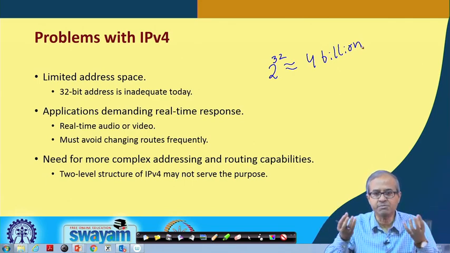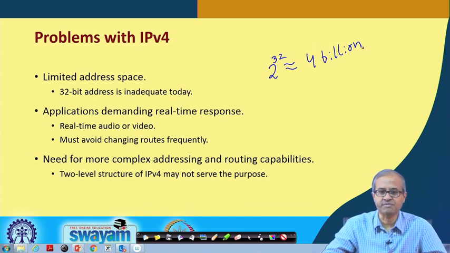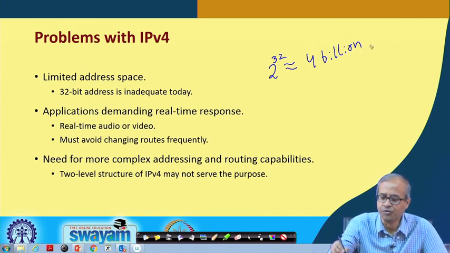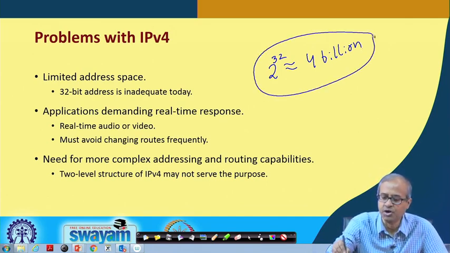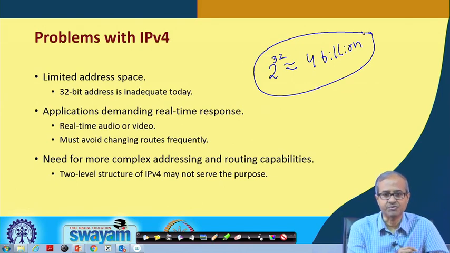A large number of very simple devices will also want to get connected to the internet. So, how do we give unique IP addresses to everybody? This 4 billion is a rather small number in today's scenario. So, this cannot support the kind of internet growth that is being projected.